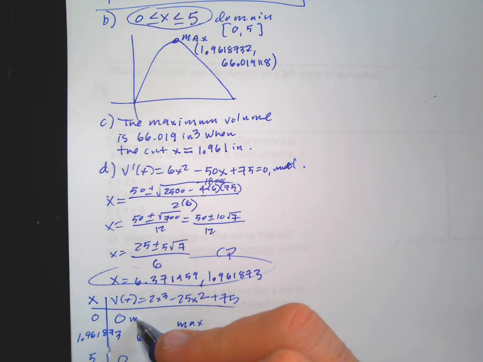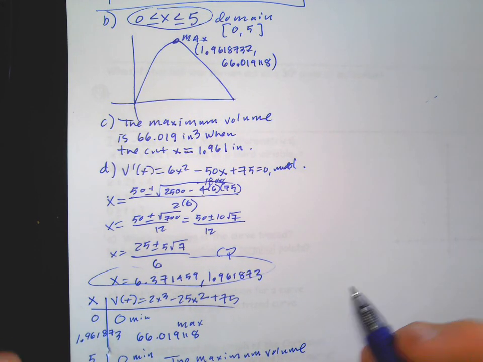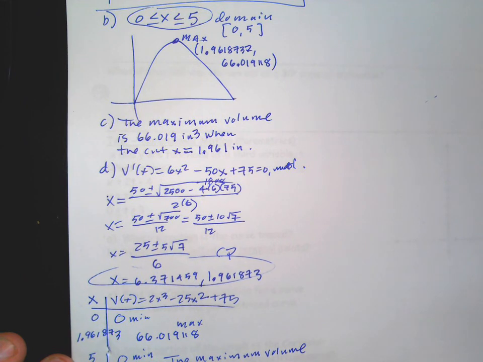Here's your mins. So I'm going to say the maximum volume is 66.019 inches cubed when the cut x equals 1.961 inches.